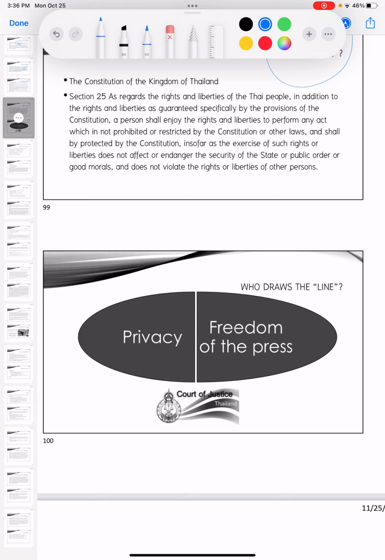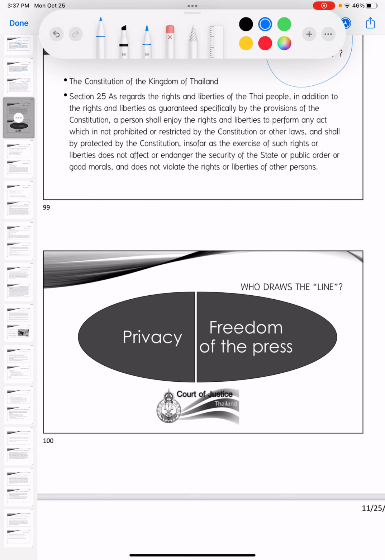So if there is a real case, a dispute between media agencies and an individual who is mentioned in the news, whose information is published in the news, the case between these two parties will be decided by the court.